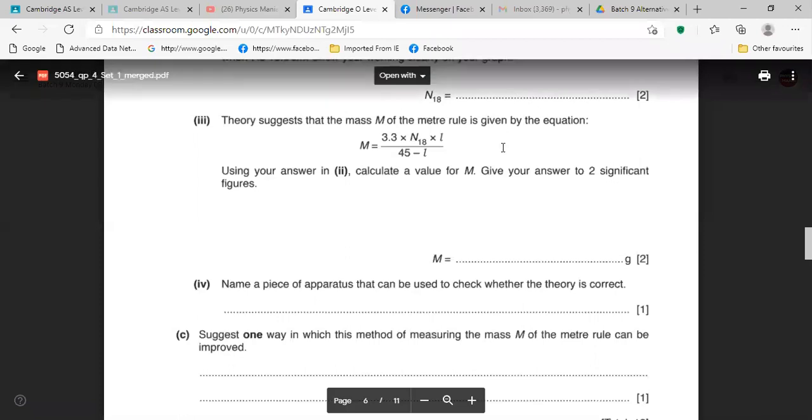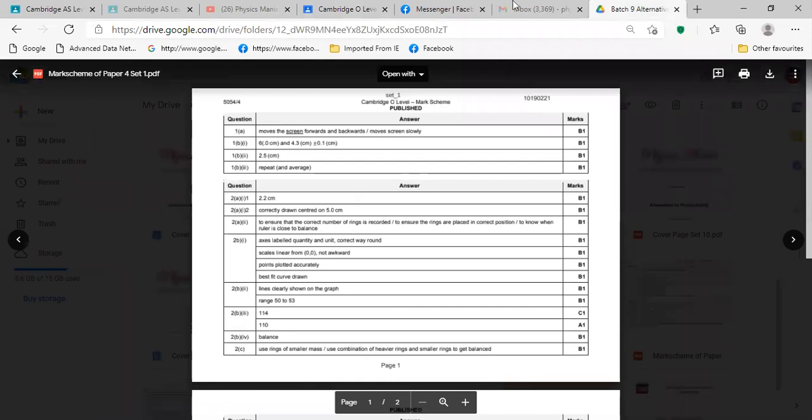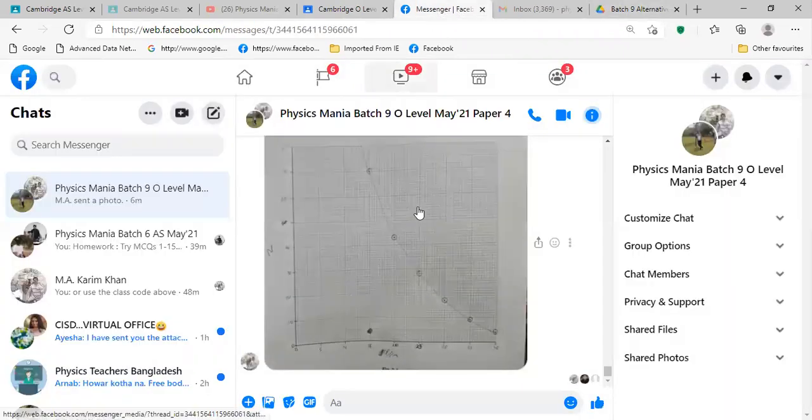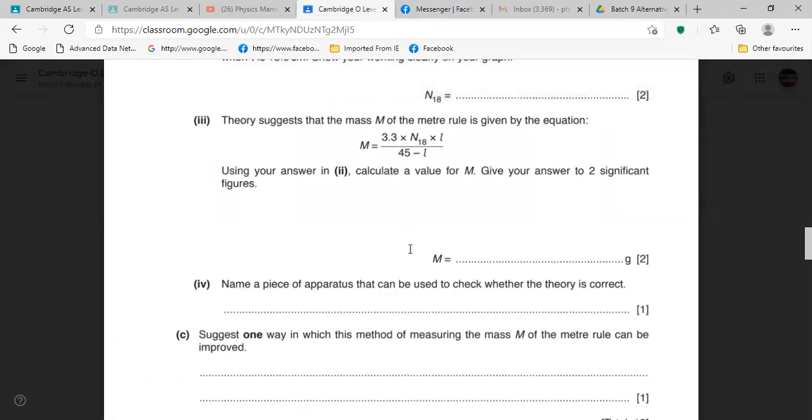If your calculation is correct and writing in two significant figures. Ultimas, what you got? 110. You got 110. Then Syed Ifaz, what you got? Yes, sir.